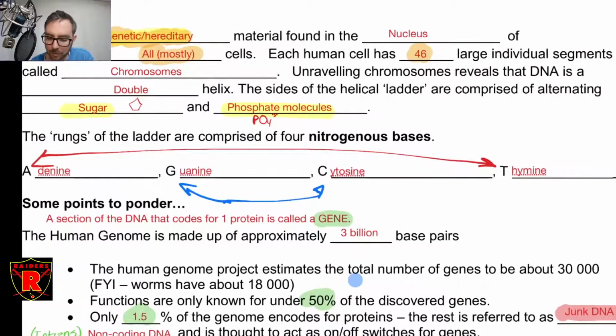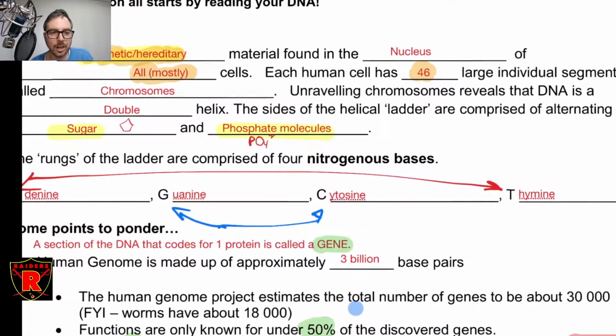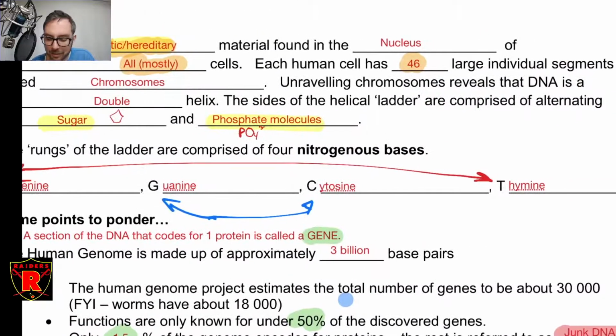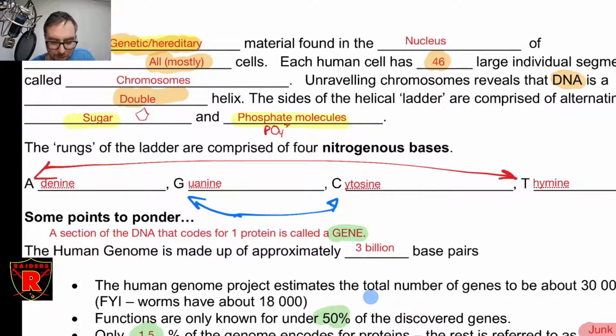But if you unravel them, so if you take one of those sticks and stretch it out, which you can't really do in real life, but theoretically, you would see that the ladder structure of DNA is what's called a double helix.